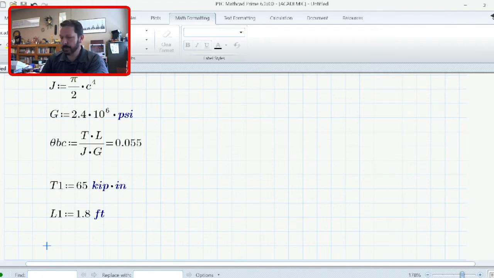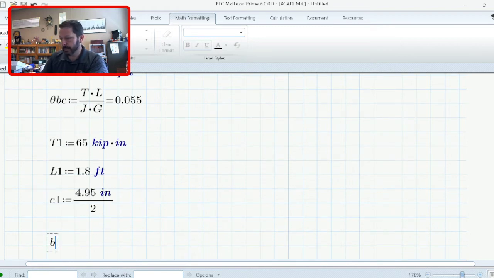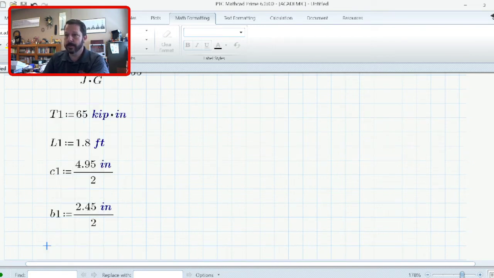We need a C1, which is 4.95 inches divided by 2. And we need a B1. We don't have another B, but B1 was, I don't remember, 2.45, I think. Yes, 2.45 inches, but divided by 2 because 2.45 was the actual diameter.